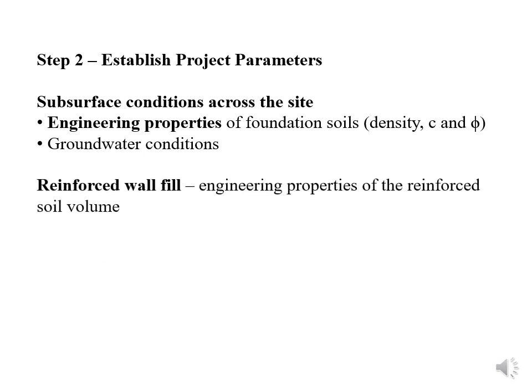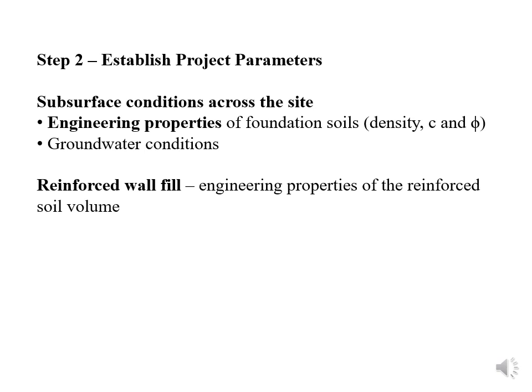See, also you have to know the project parameters. Reinforced wall fill. Reinforced wall fill means when you are going to construct the embankment, definitely you are going to use soil as a fill material. You are going to use the reinforcing element. You are going to use the facing unit. So here it says that whatever soil you are going to use, you have to know their properties.